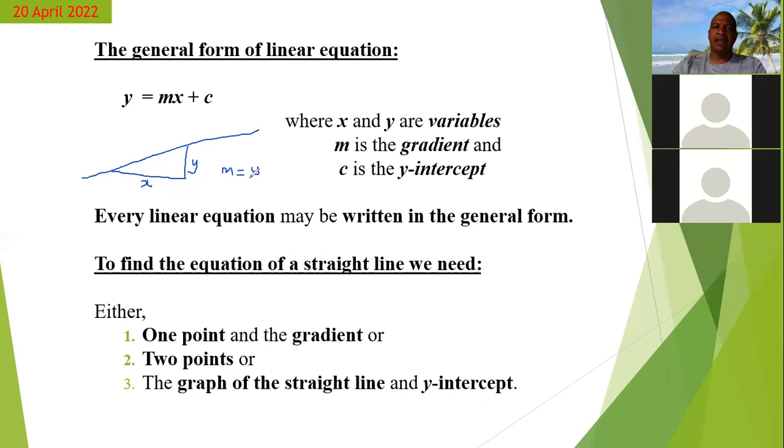So if you have the line on a graph, this is how you find m. You construct a right angle triangle to it, you calculate the length of the x, calculate the length of the y, and then you use this equation to find m, which is the gradient.